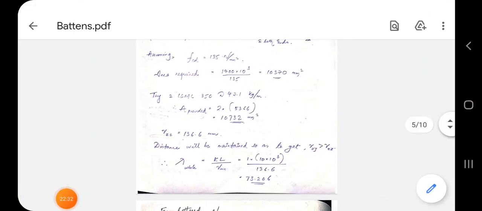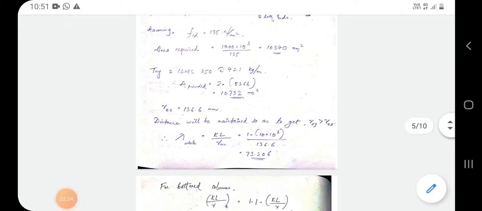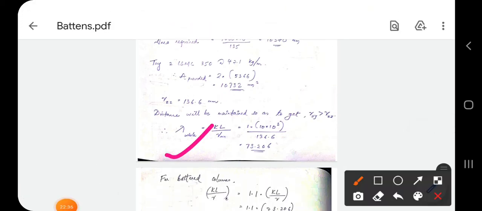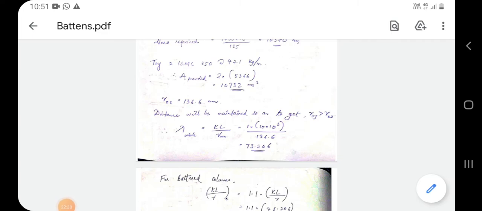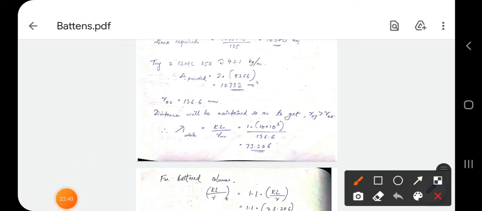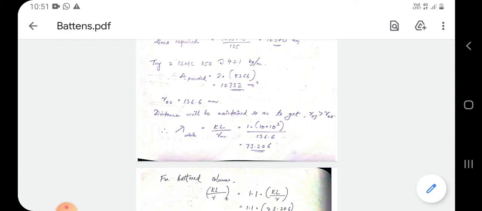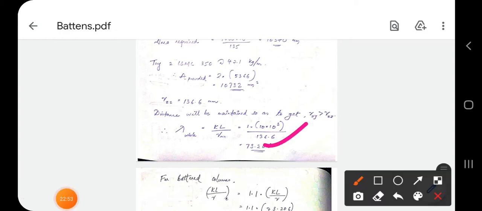So we choose that and find the slenderness ratio of the whole section, KL by r minimum. So KL is 10 meter length and K is 1. So 10 into 10 cube by rz, which is 136.6.